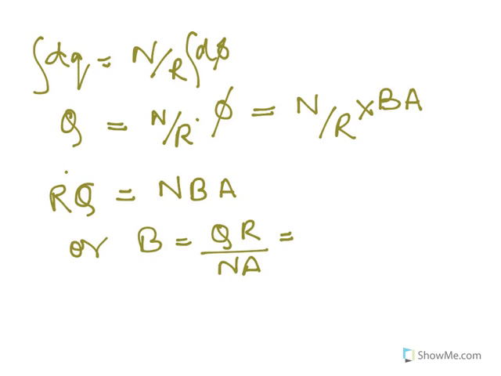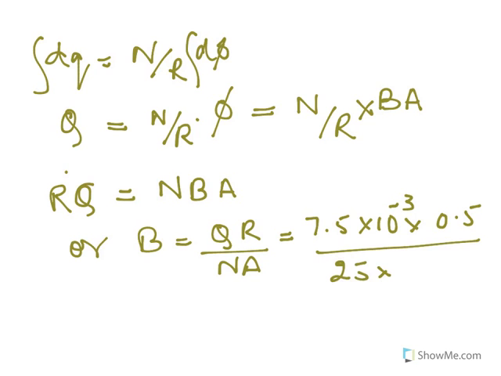So if we put the values of Q as 7.5 into 10 to the power minus 3, R as 0.5, and number of turns is equal to 25 into area of the coil being as 2 into 10 to the power minus 4, we get the value of the magnetic field strength as 0.75 Tesla.